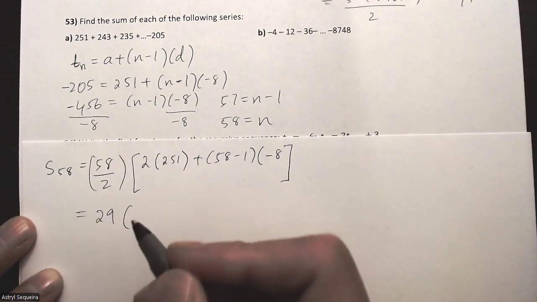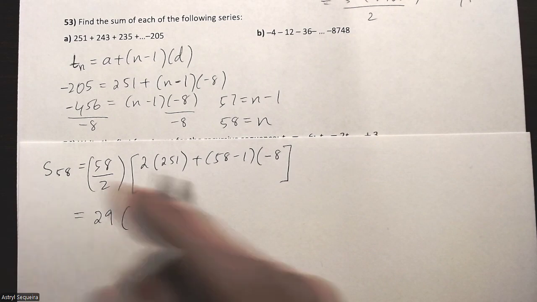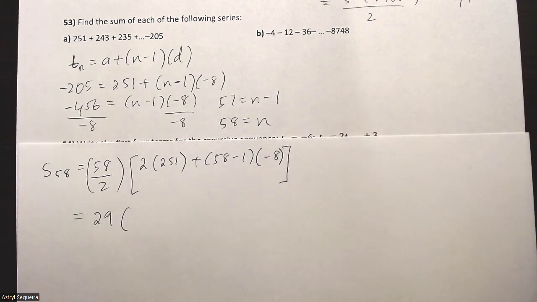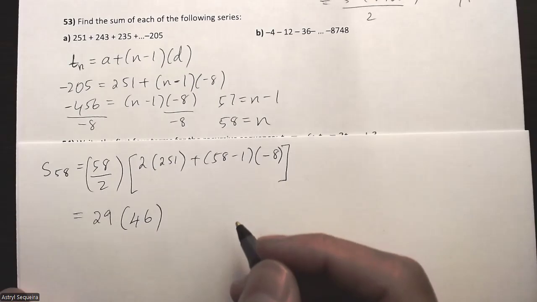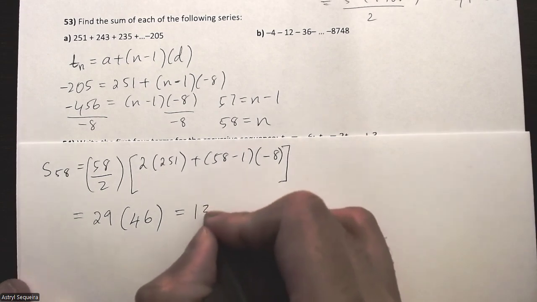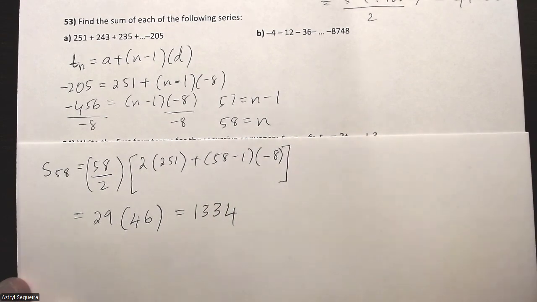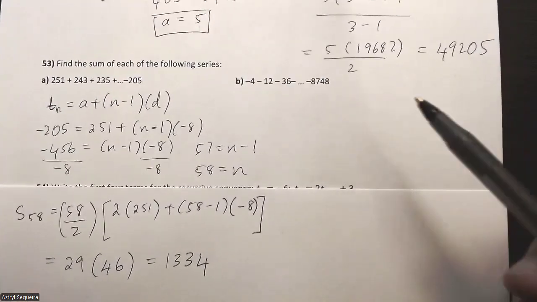So that's 29 times, and I will just do that all in my calculator. Get positive 46. And then if I multiply that by 29, I just get the sum of the series to be 1334.